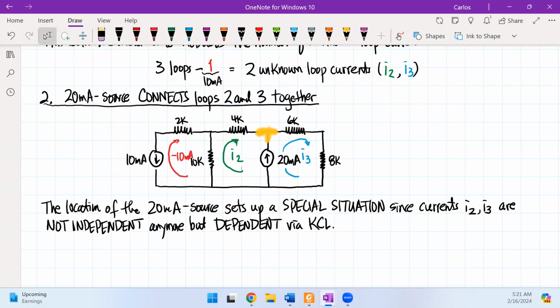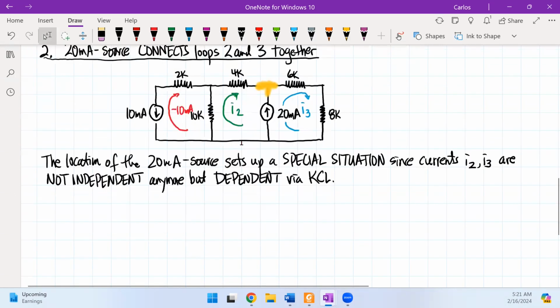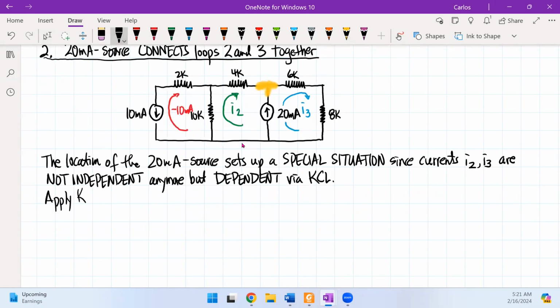Well, if we apply KCL, let me move this up a little bit, we want to apply KCL at the yellow node. And there's 2 ways of looking at this.